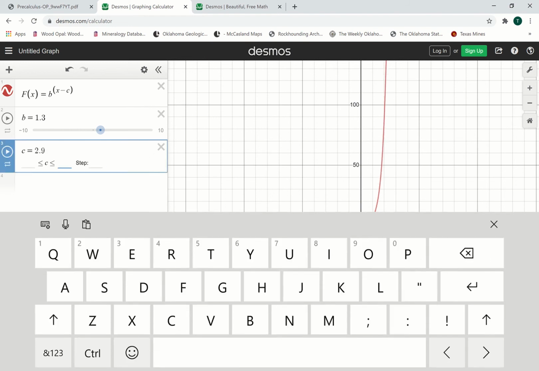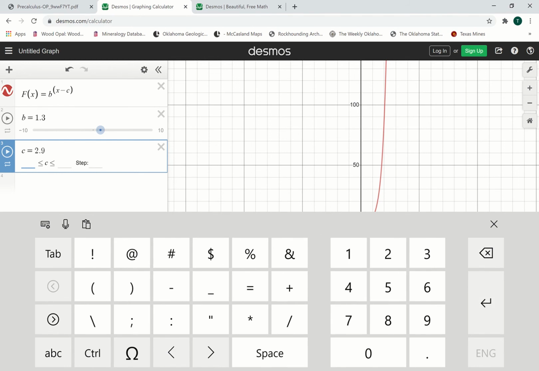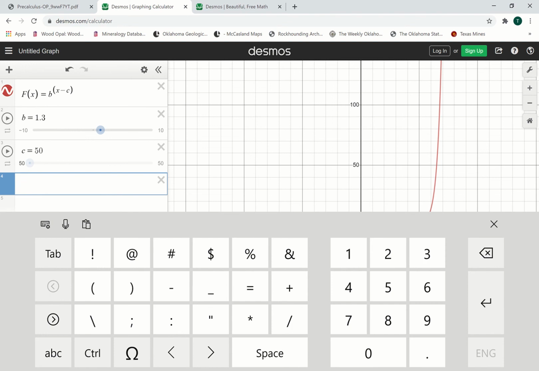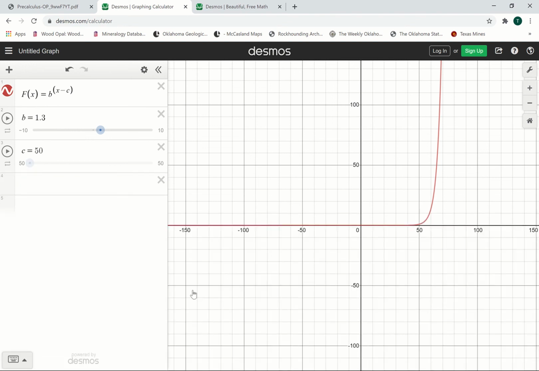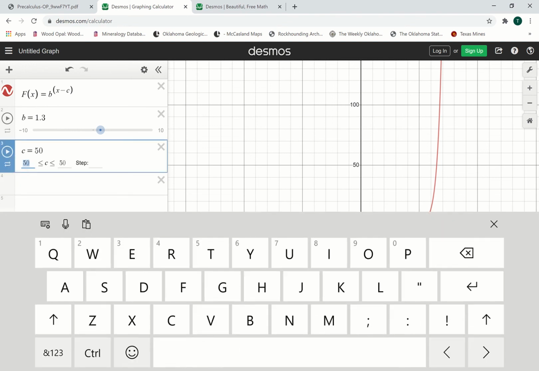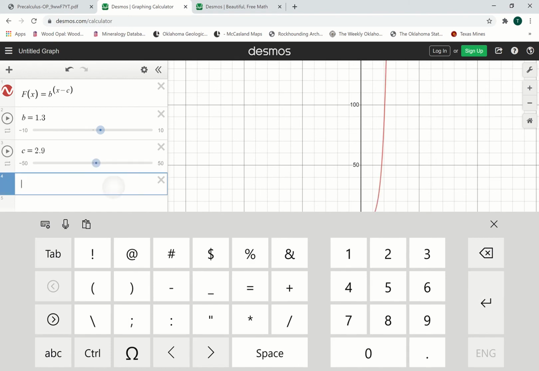Let me change these sliders to go from negative 50 to 50. I want to capture those negative values.